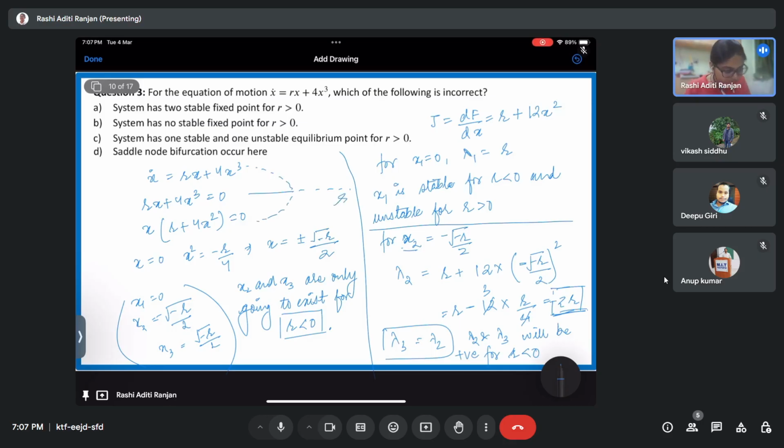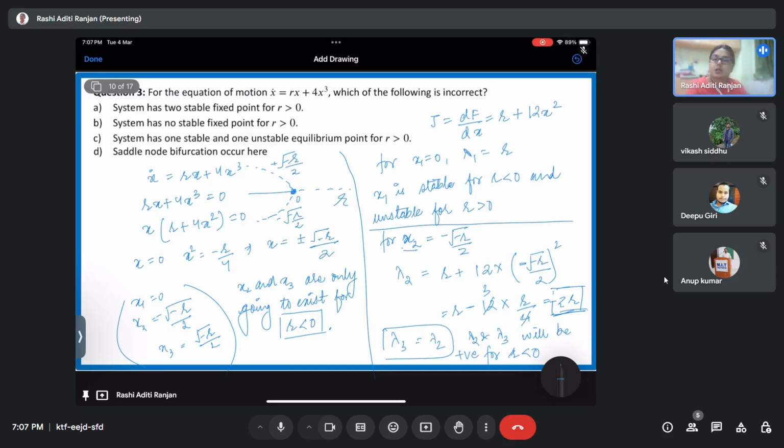This is my r. This is nothing but 0. This is plus. Okay, so this is going to be the plot. So this is essentially a subcritical pitchfork bifurcation.